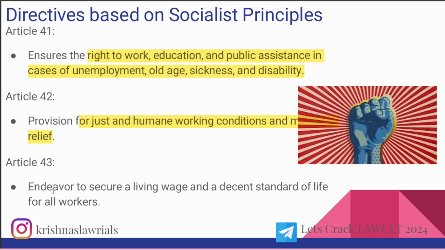Under Article 43, endeavor to secure a living wage and decent standard of life for all workers. So the living wages should be fair enough that they can have a decent standard of living.